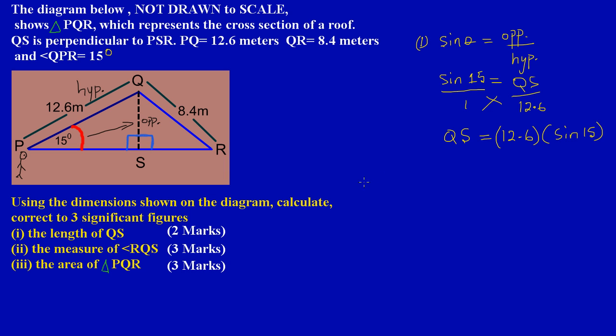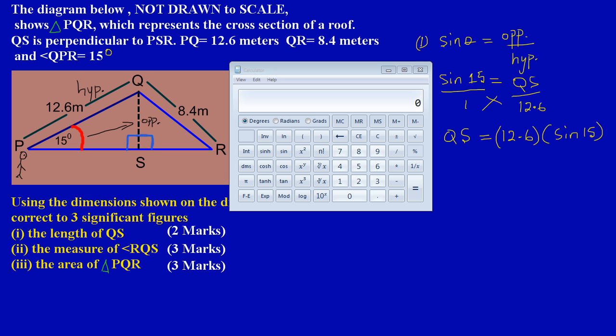Okay, so let's quickly pull out our calculator. To find QS, since multiplication is commutative, it doesn't matter the order. I could find the sine of 15 first. This calculator is a bit different, so I'm going to have to press 15 first, the number first, and then sine.